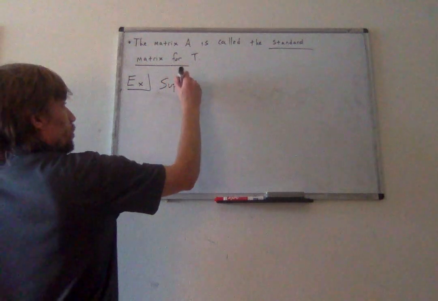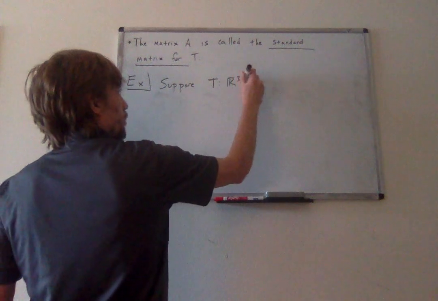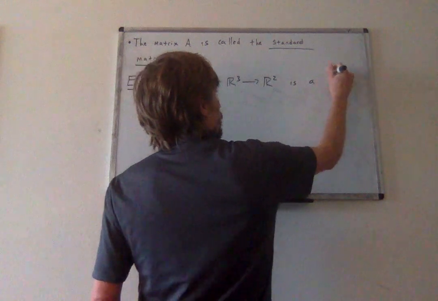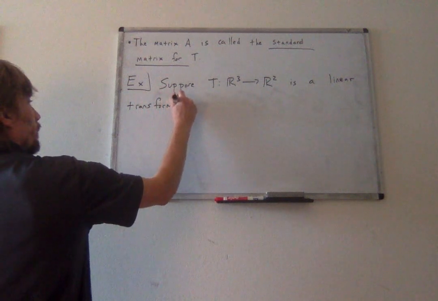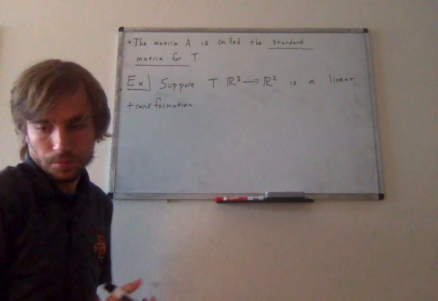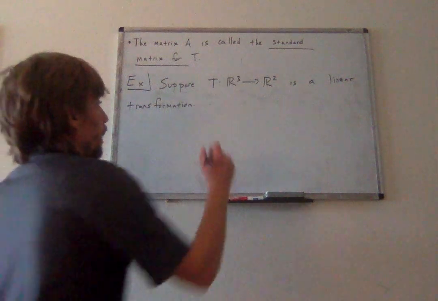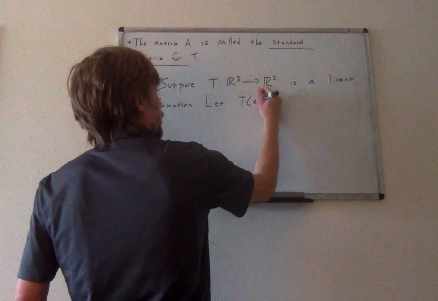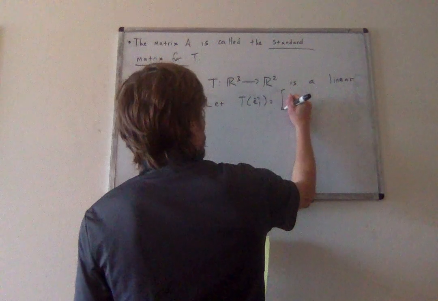So what we can do now, suppose T is a linear transformation that maps R3 to R2. Then there exists, oh, no, sorry, I was stating the theorem again. And suppose, again, that we know the images of the 3 standard basis vectors in R3.